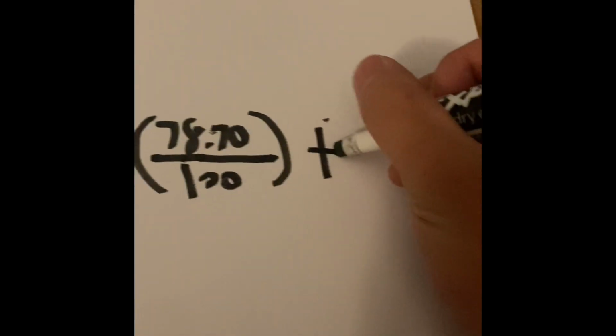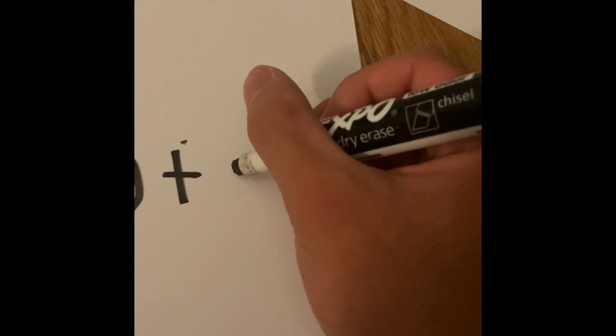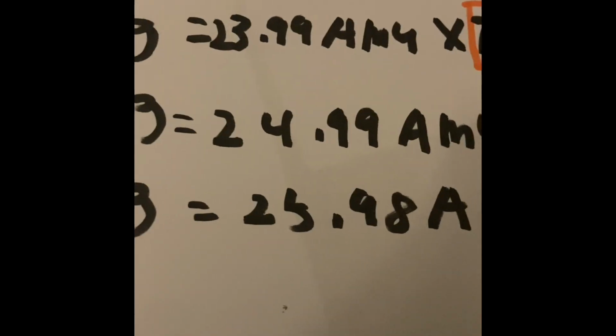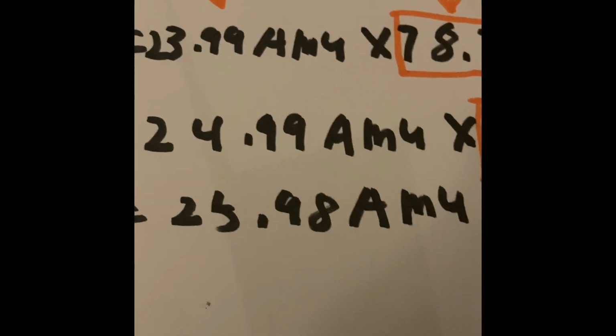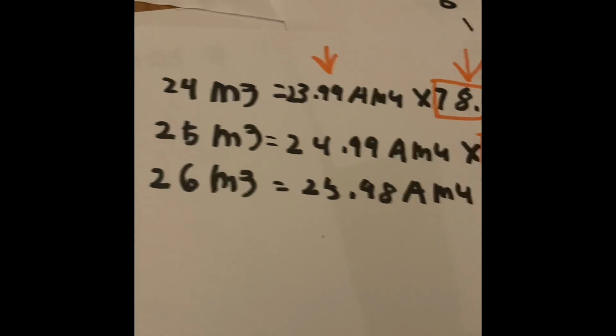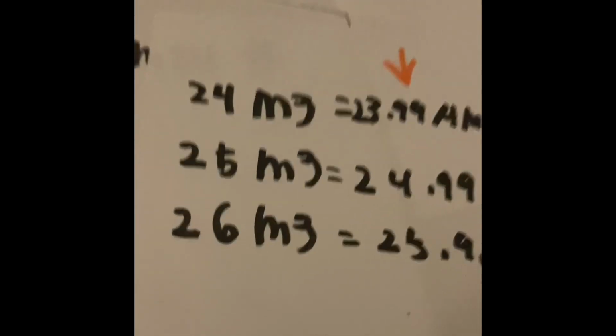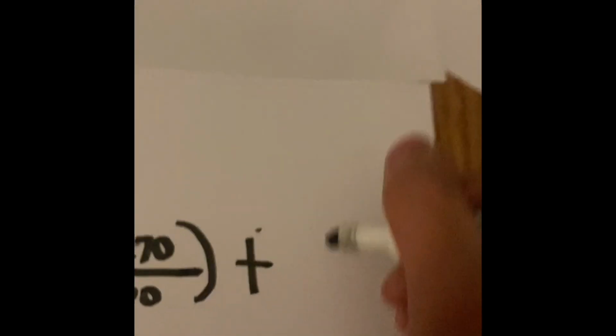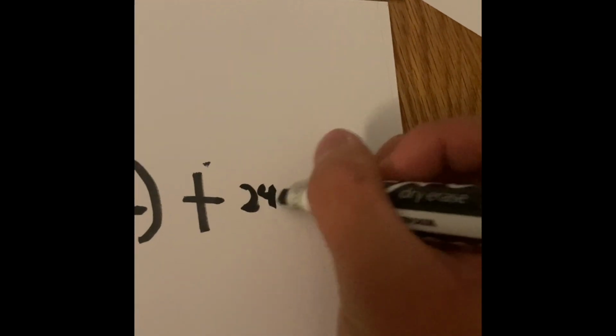Then we add the second object, which is magnesium 25. That is 24.99 atomic mass units, which is rounded, so we put 24.99.